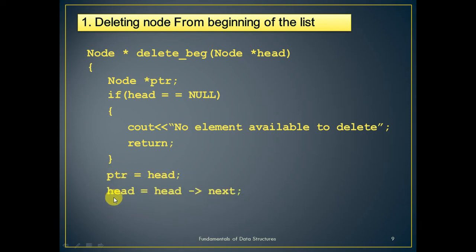Then we transfer the head to the second node of our list, that is head is equal to head points to next, and we free the first node. We can use the delete function, and the free function can also be used for memory deallocation. Then return the head. This is the simple C code or pseudo code for the delete beginning function.